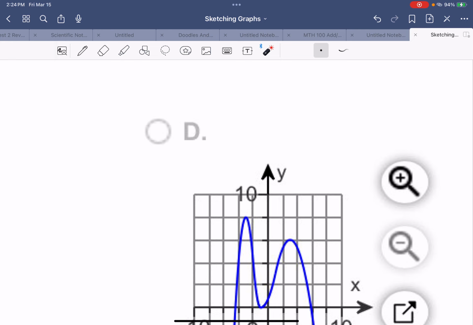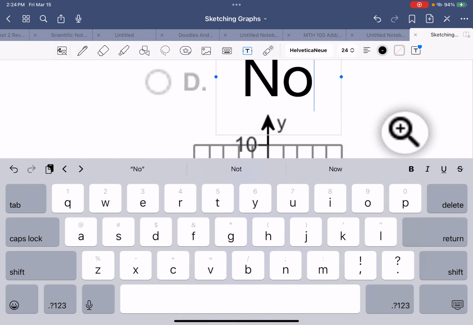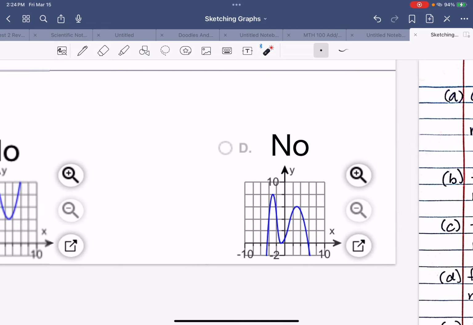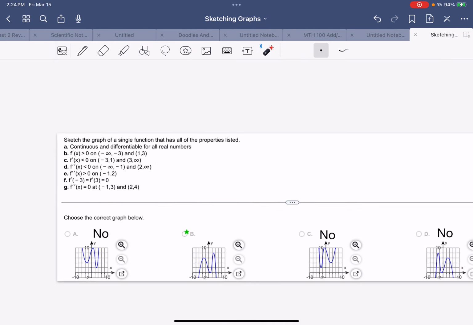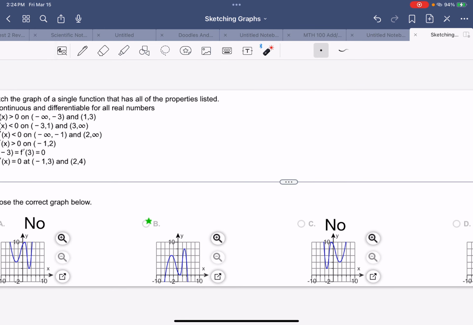So this is also a no. That means by the time we got to the second criteria, we have no on all of our graphs except graph B. Now let's look at the rest of the criteria and confirm that what they say is true for graph B.